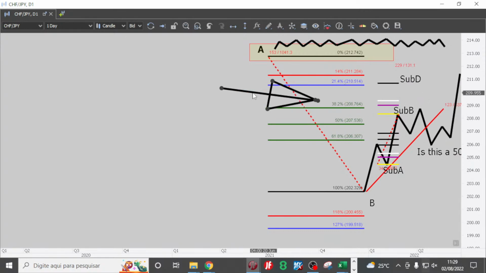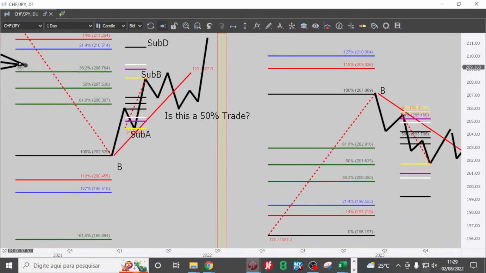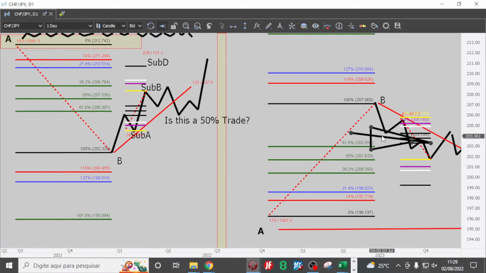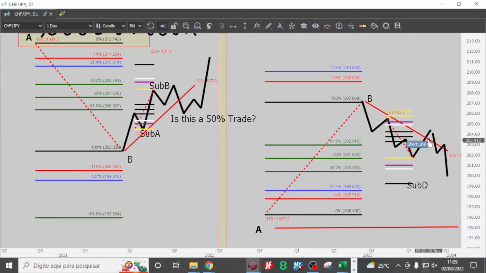And here is the same story, up Fibonacci sequence, up ABCDs, and the market made a higher high. Same logic, our sub D is down in here, and the market went against me one more time.